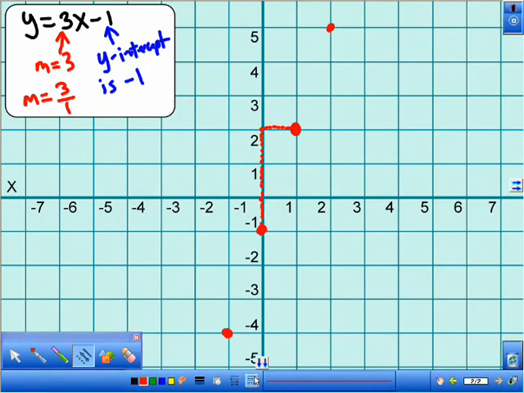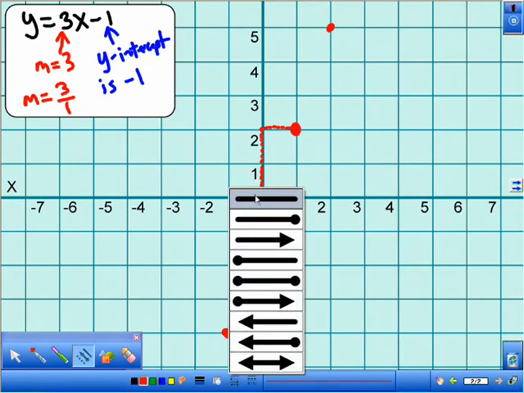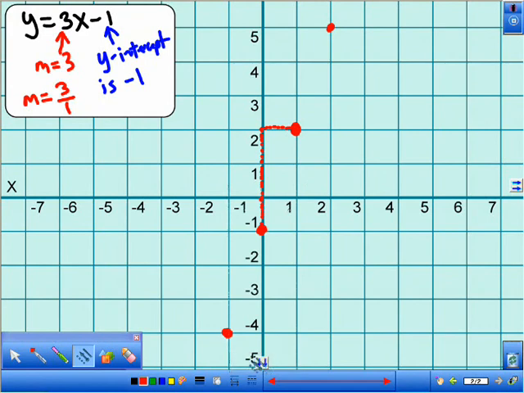So now I can draw a line through here. And I'll do it in blue. And there's my line of the equation.